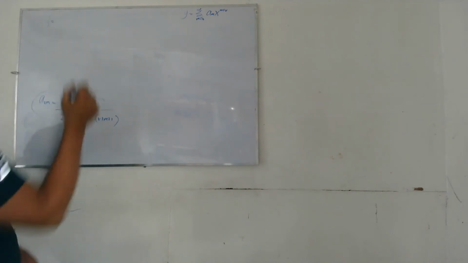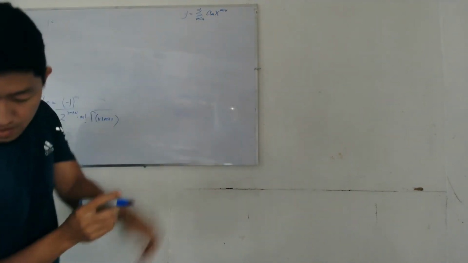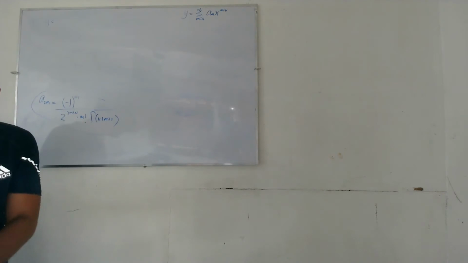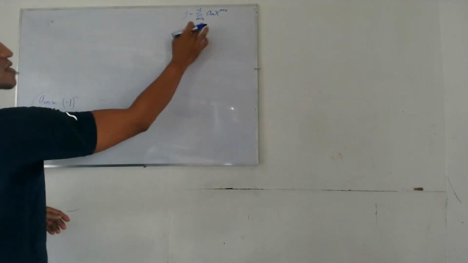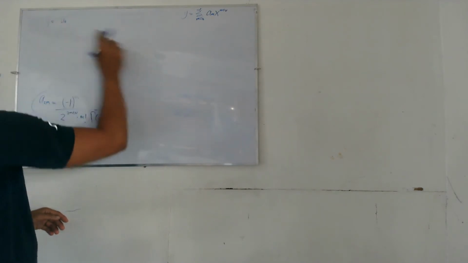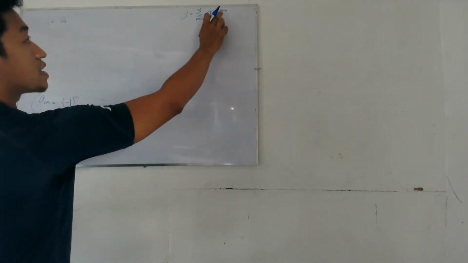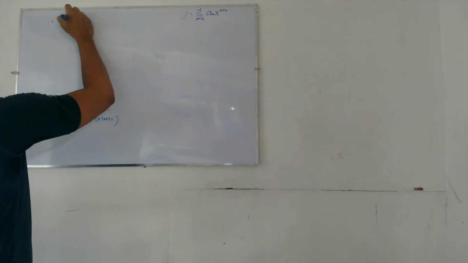Y is equal to, substituting 0 so we can get the solution. So when m equals 0, we have a0 x to the b.